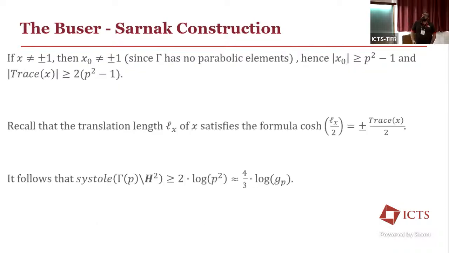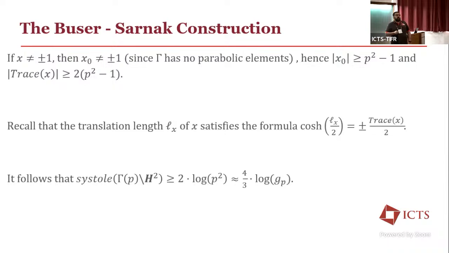All right. So if x is not plus or minus the identity, then x naught can't be plus or minus 1. The reason, if you go back to that matrix that I defined, its trace is 2 times x naught. If x naught was plus or minus 1, the matrix would have trace plus or minus 2.